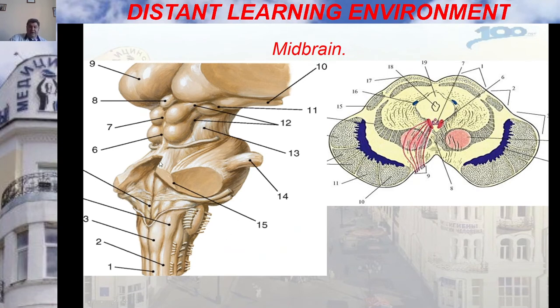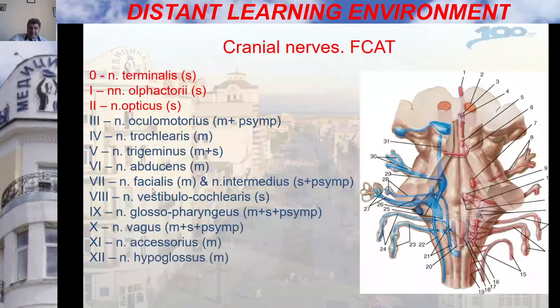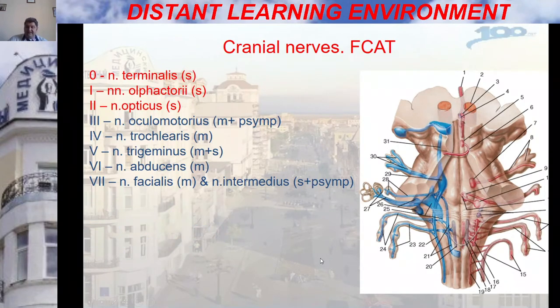Next, we talk about the fourth ventricle. You may see here, and also you may see here. Fourth ventricle is a remnant of the cavity of the posterior cerebral vesicle and is therefore the common cavity of all parts of the hindbrain, composing the rhombencephalon, a tent in which a floor and roof are distinguished.